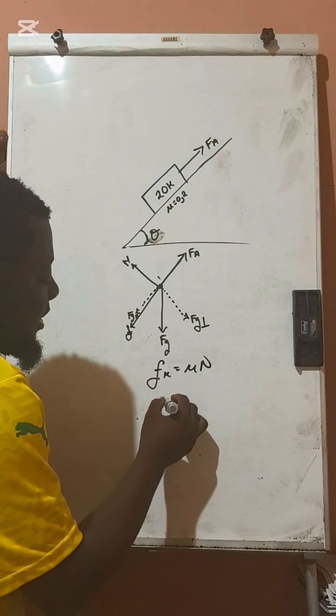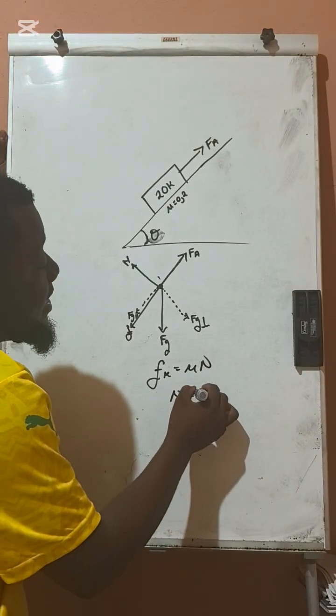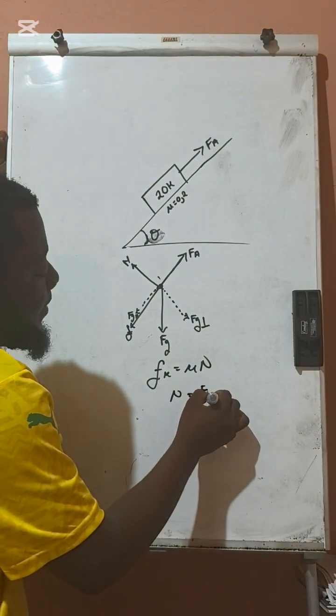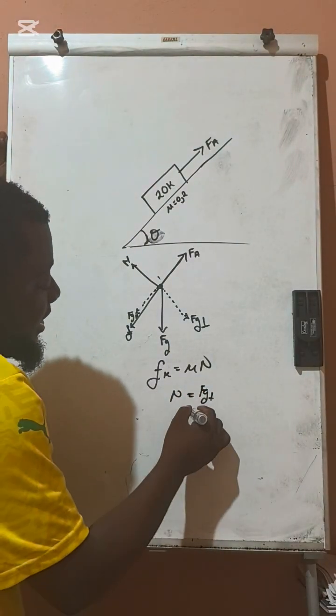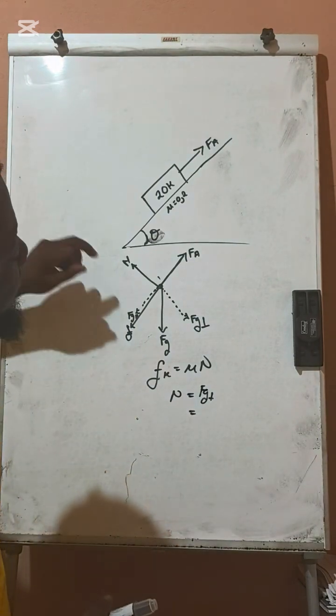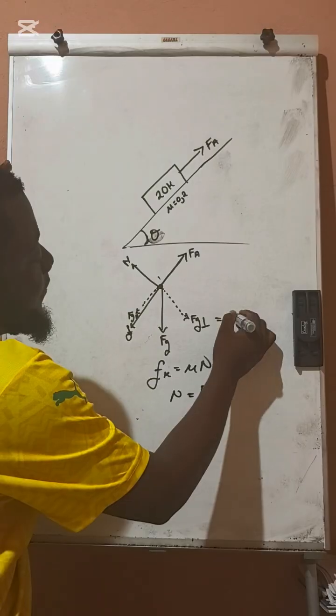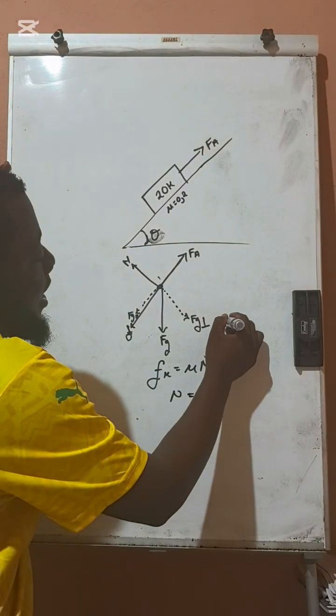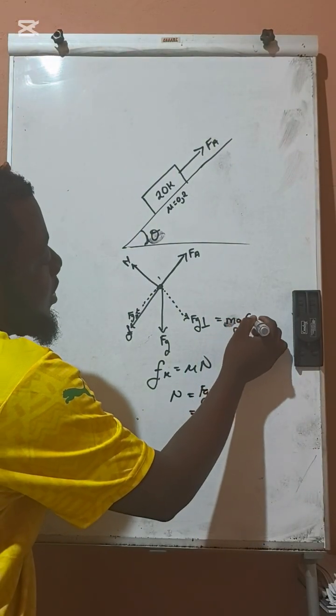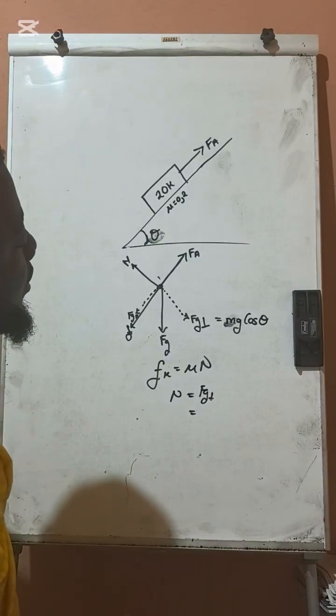But our normal force in this case is going to be Fg perpendicular. We don't have time to resolve it, but when you resolve it, that is equal to mg cos of theta.